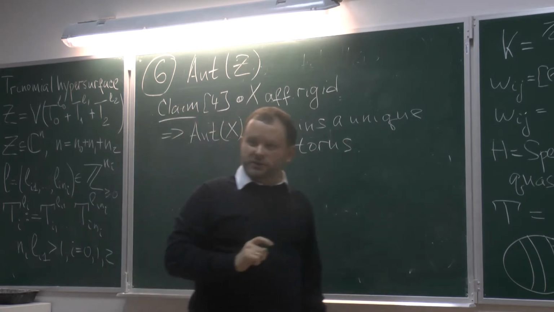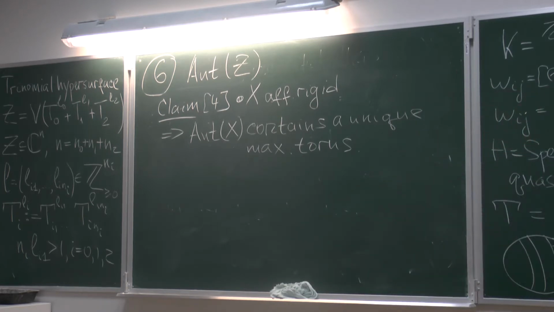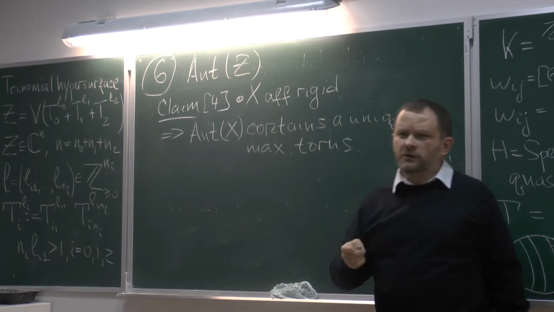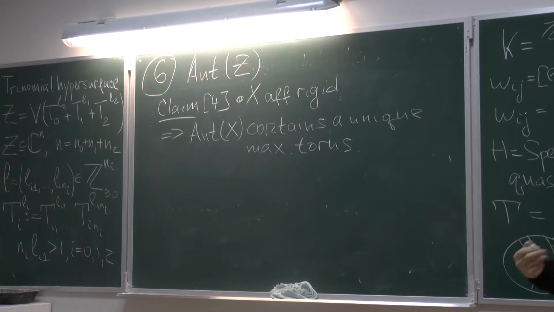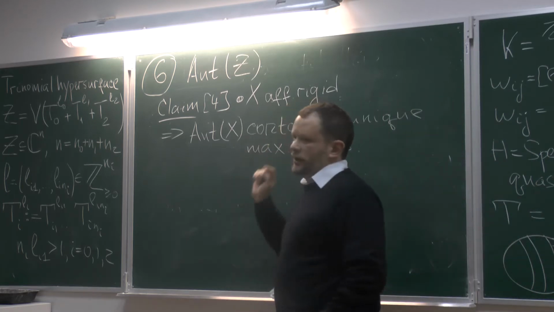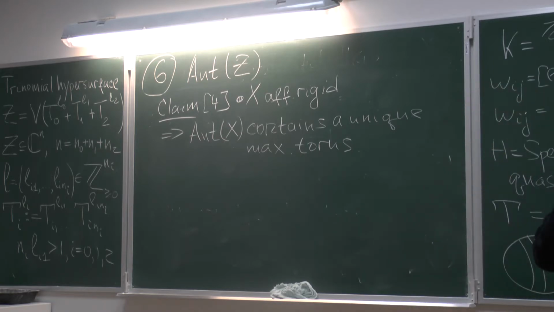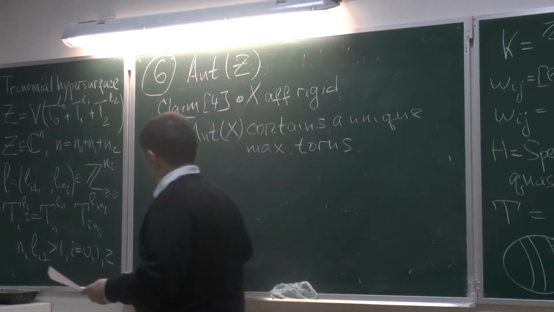Not unique up to conjugation, but in fact unique. So this is a normal subgroup. And this gives you a lot of information about the structure of the automorphism group. So you can consider, say, the centralizer of this maximal torus, take a quotient of this, and this quotient will act effectively on the torus-like automorphism, so it will be some subgroup of GL_n(Z). So this is indeed a strong condition.